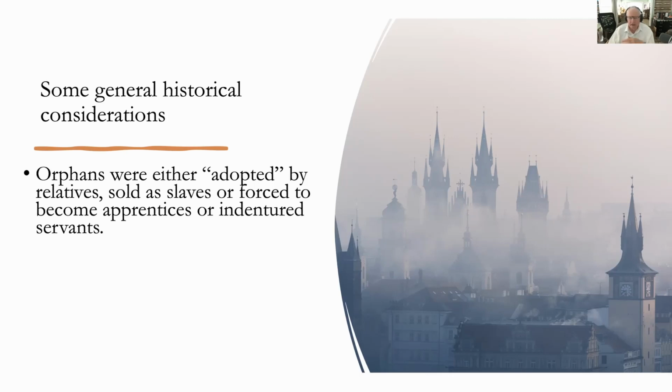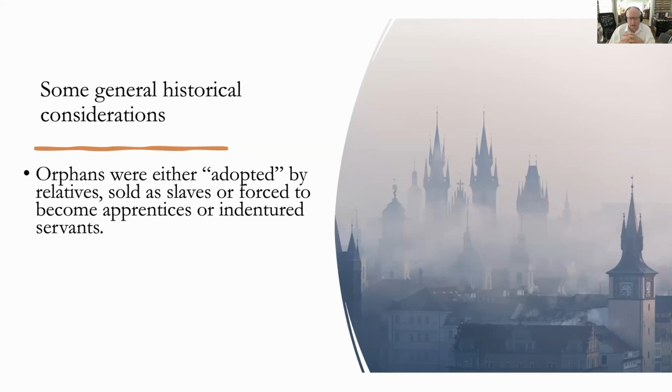I could name many societies where if someone was orphaned, they would be automatically adopted by family members and automatically taken care of by the clan or the tribe or the structure of the society.